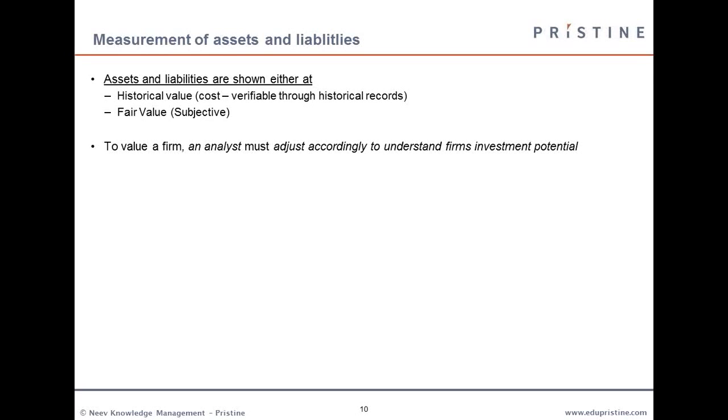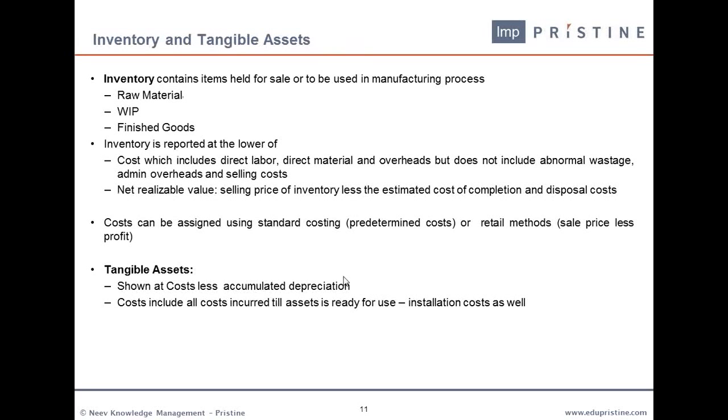So you have to take care of all these adjustments to understand the firm's investment potential and the profitability as an analyst. So let's now look at some of the major assets and liabilities.